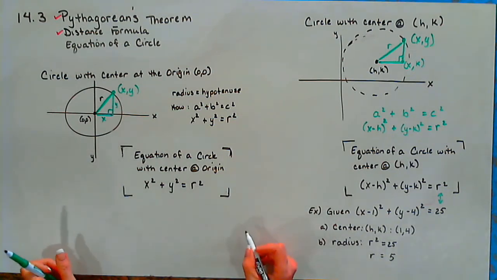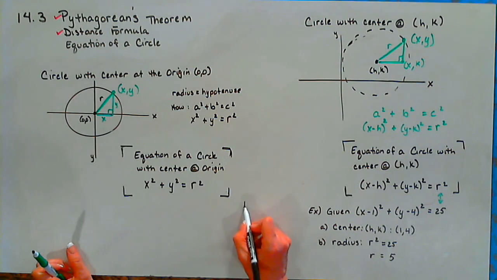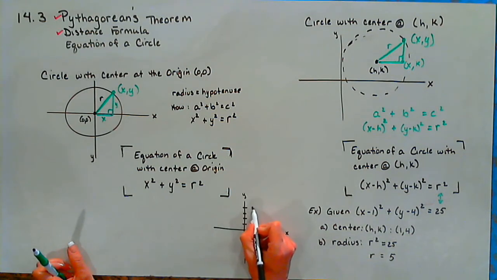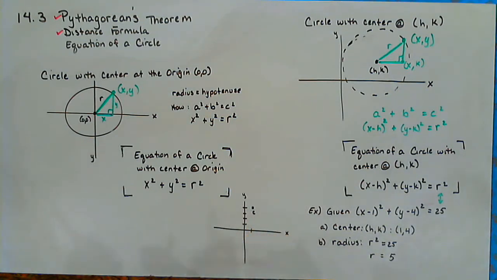So if I were to graph this, and I'm going to sketch it, I need to start at the point 1, 4. There's my center at 1, 4. Then, since the radius was plus or minus 5, that means I need to go 5 to the right: 1, 2, 3, 4, 5.